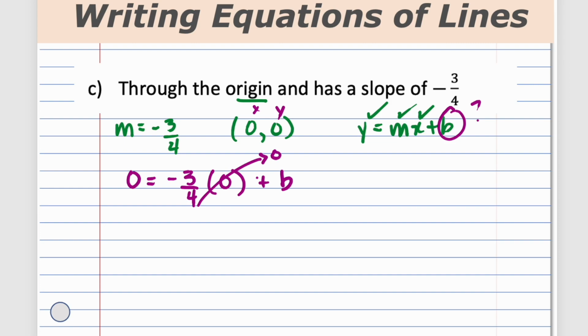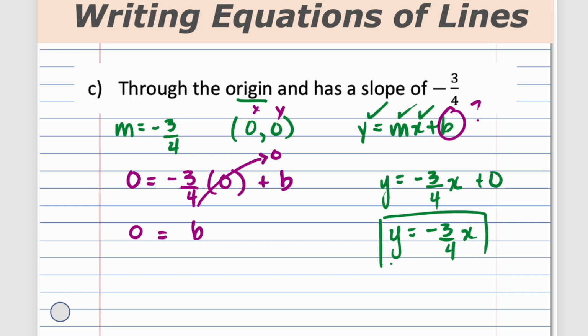Turns out b is equal to 0. What that means is the y-intercept is 0, it hits the y-axis at 0. Our equation then is y is equal to -3/4 x plus 0, which we don't need to show. And that would be it.